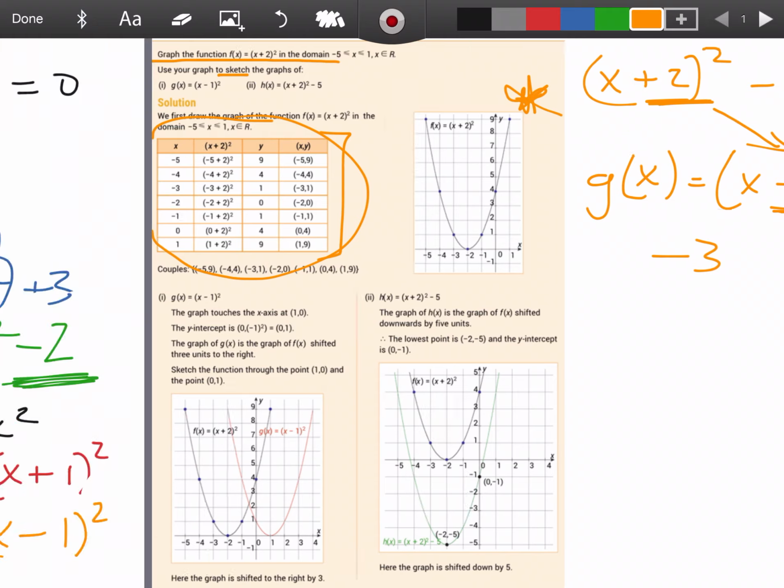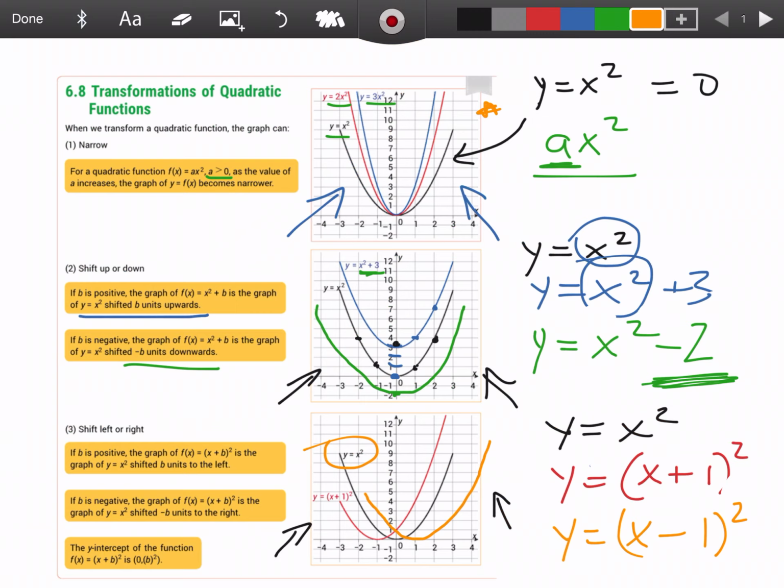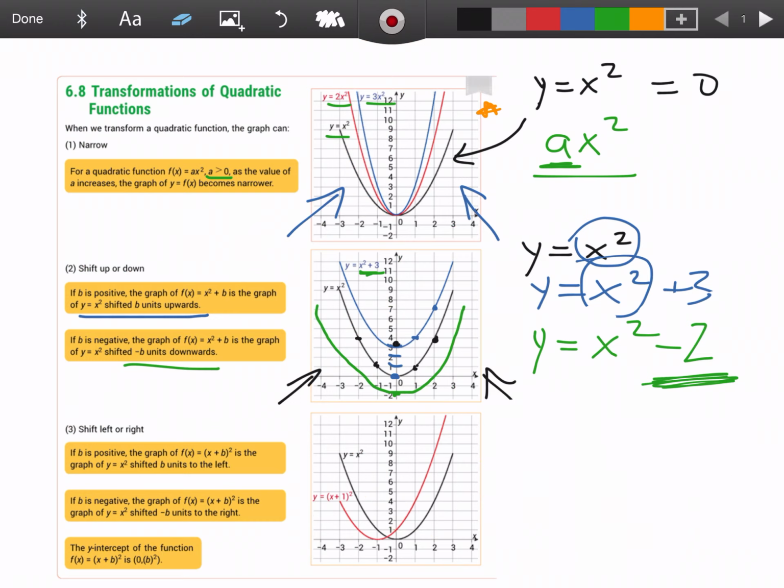Now we go back. This is the same as what's going on at the bottom here in step 3. In step 3 down here, I'm going to get rid of these and we'll start again. So if I have a graph like x squared, and I subtract from that in the brackets, instead of having x squared, I now have x minus 3 squared.